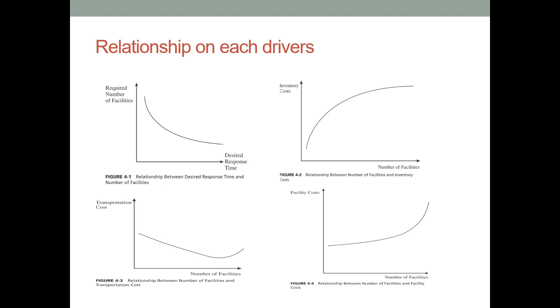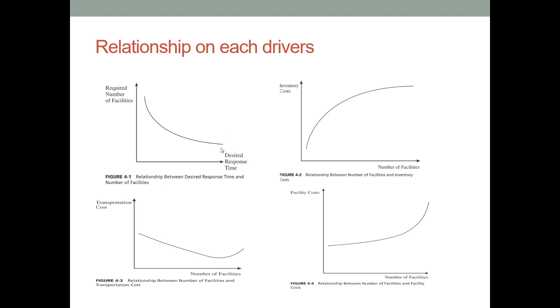But when they want to respond within a short time to the customer, they require hundreds of stores. So the number of facilities is very high. When the number of facilities is high, the responsiveness is also high. In contrast, Amazon.com takes a few days or a few weeks to deliver a book to the customer.